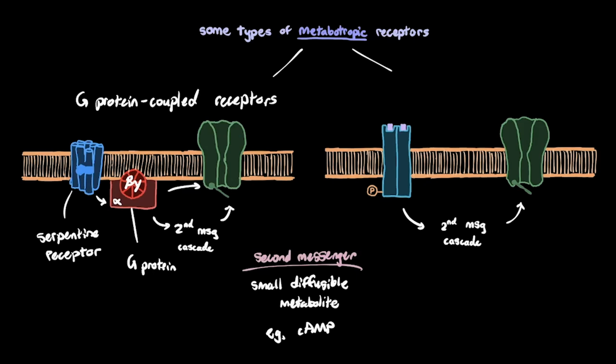The other category of metabotropic receptors are the receptor tyrosine kinases, or RTKs. Typically, although not always, these receptors live as monomers when they're inactivated, and then they combine to become dimers. So here you have two of the monomers combine to become dimers when the transmitter binds.